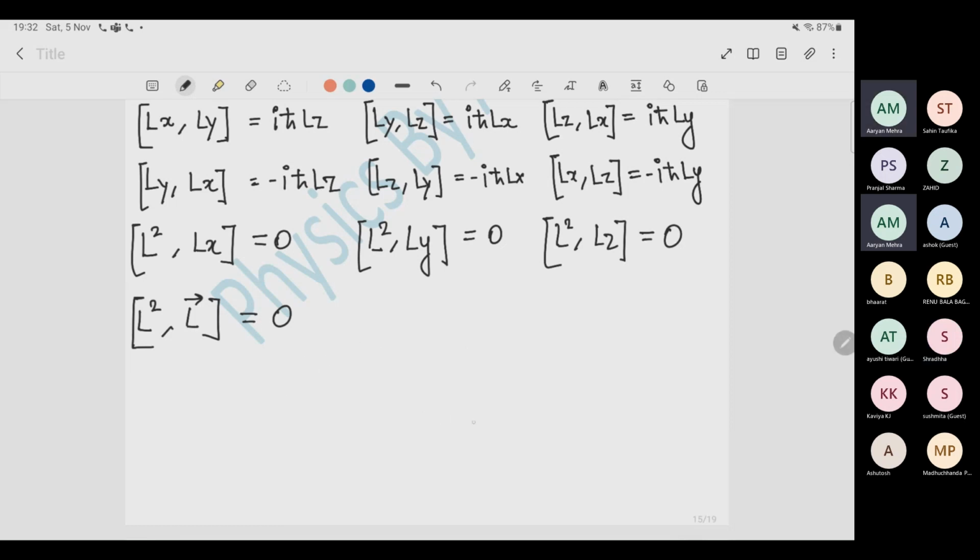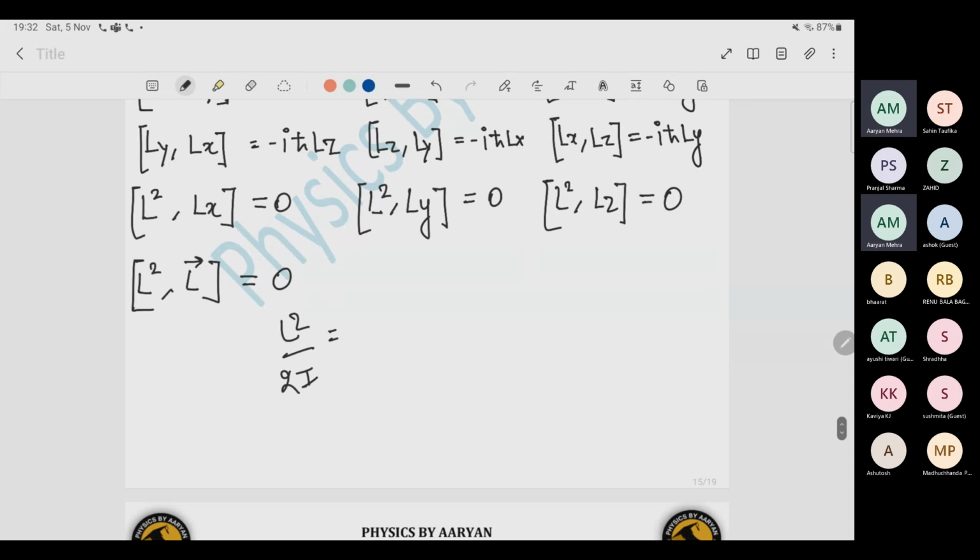See, I just told you L square by 2I gives you kinetic energy. So what you are doing is measuring the angular momentum along one direction, Lx, and also measuring the total energy. That gives you information about L square and Lx.